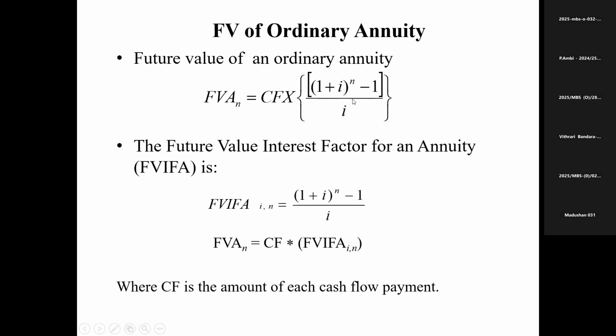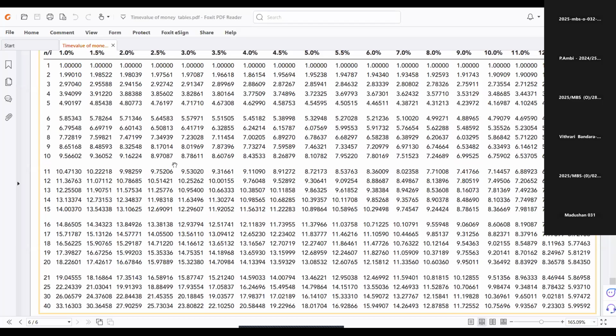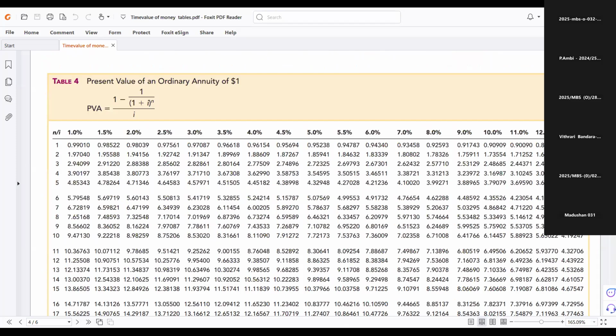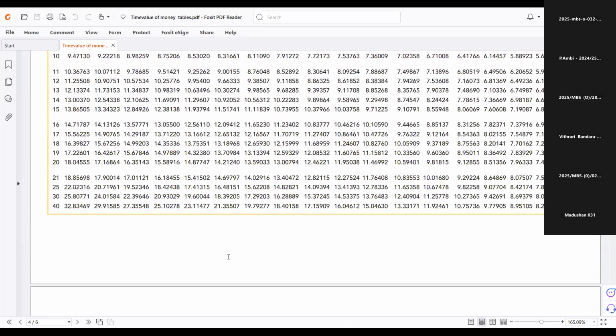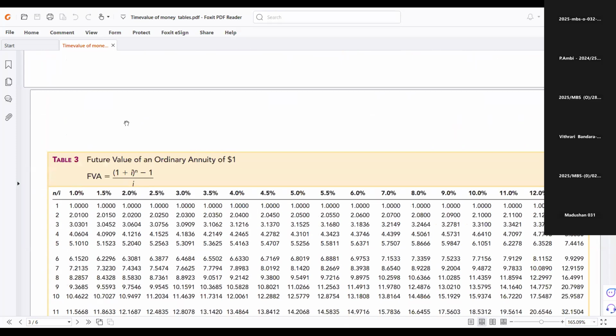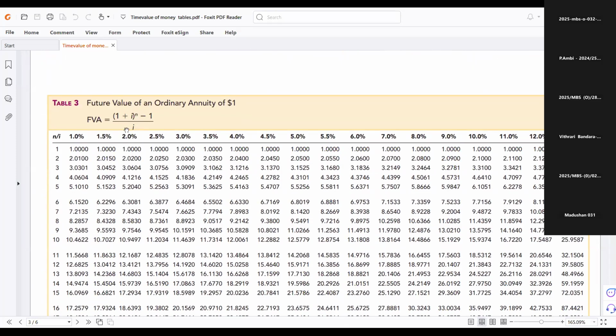You can go with the ordinary annuity table and you can see that. Actually, I sent the tables; you can see the future value ordinary table there. If I take the table, the present value ordinary table, then we can have a future value. This is annuity due. This table is, you can see, (1 plus i) power n minus 1 divided by i.